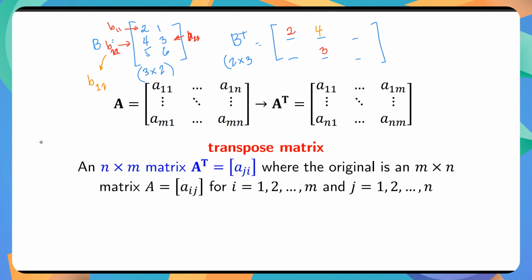And then for the following values, we have B sub 3, 1 becomes B sub 1, 3. And then B sub 3, 2 becomes B sub 2, 3. And then B sub 1, 2 becomes B sub 2, 1.